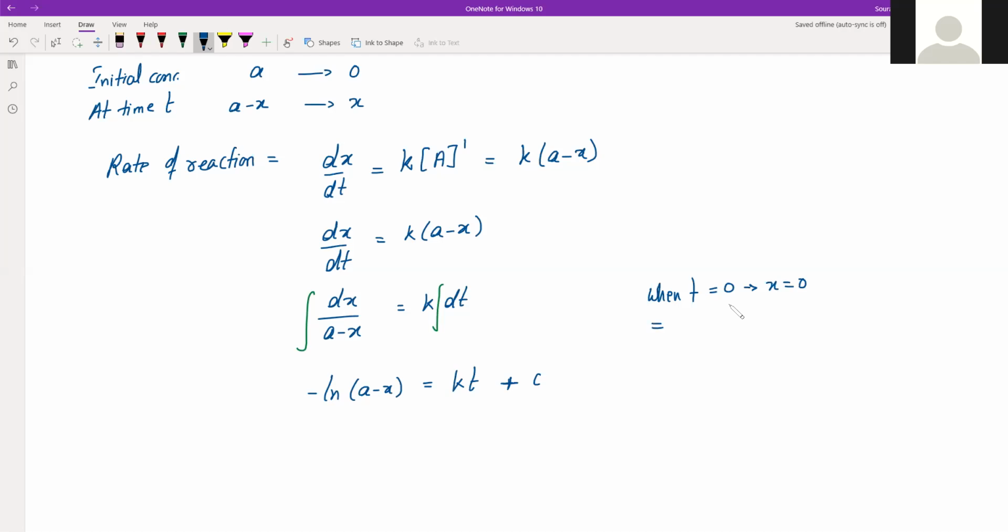So if I substitute here, I'll get minus ln a is equal to k into 0 plus c, so that is equal to c.